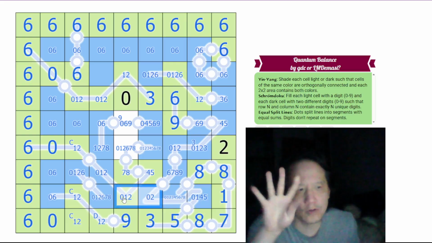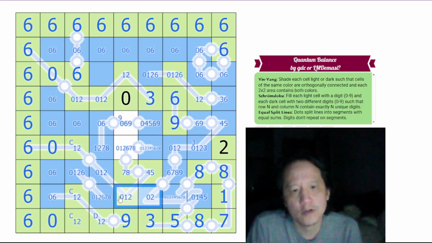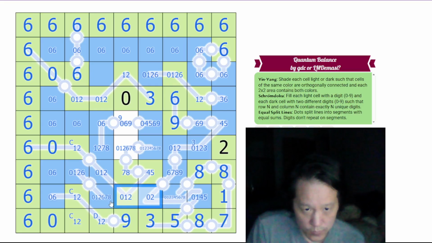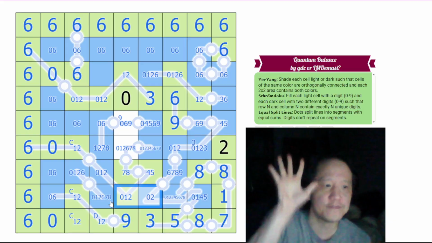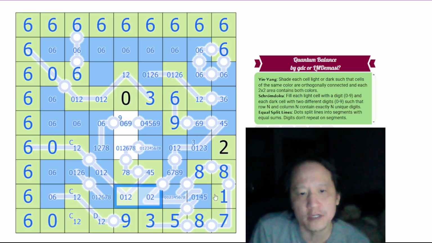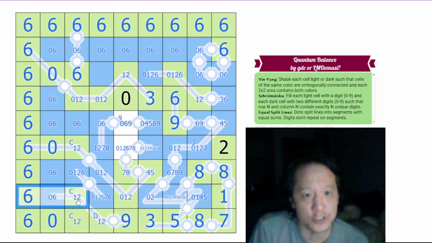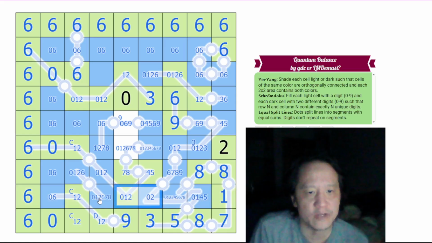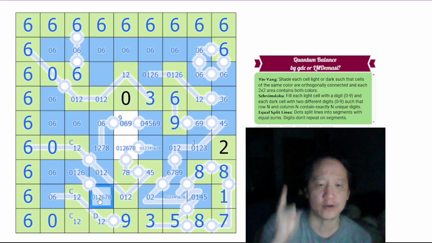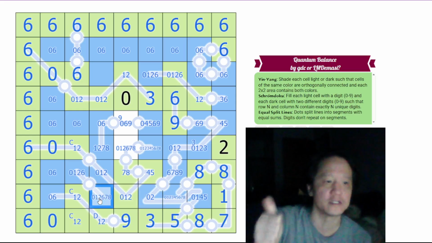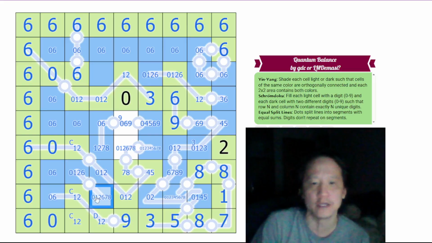So that's 4 with a 5th one. That means we have only 5 digits uniquely guaranteed amongst these cells. So if this is not 7 or 8, 0, 1, 2, 6 is going to be non-unique.